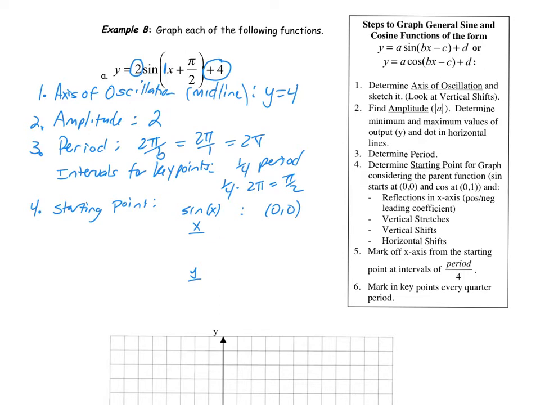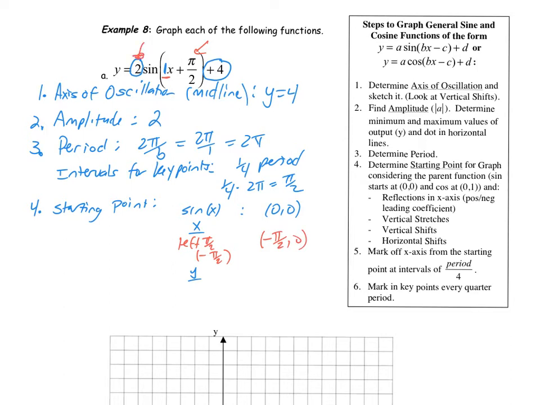So what's happening to x in this function? So x values, there's no dilation. The only change is left pi over 2. So actually, instead of saying left pi over 2, we really want to subtract pi over 2. So our 0, 0 point will become negative pi over 2, 0. And what's happening to y values?